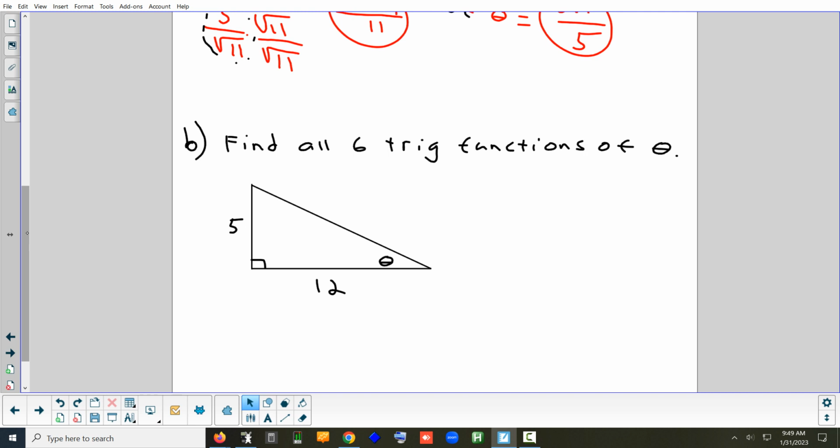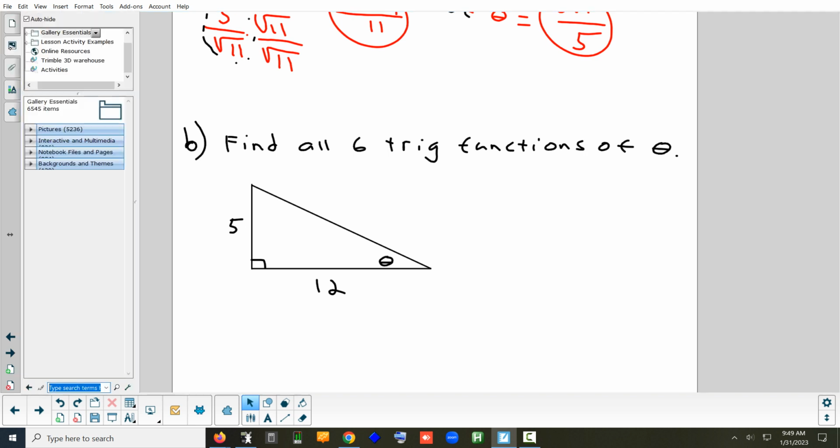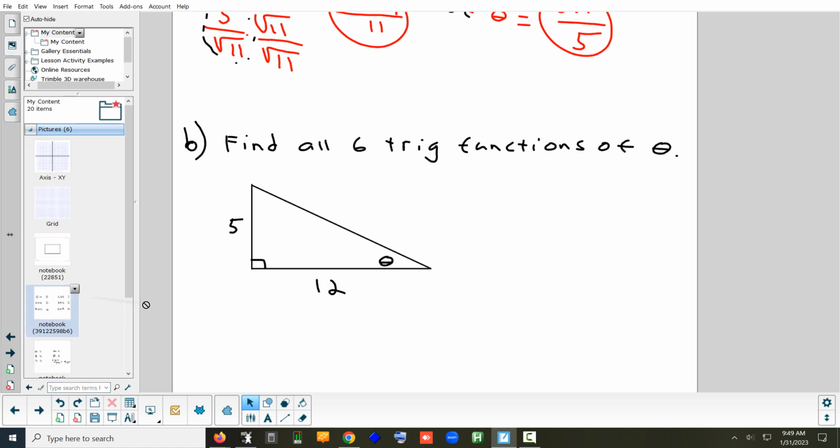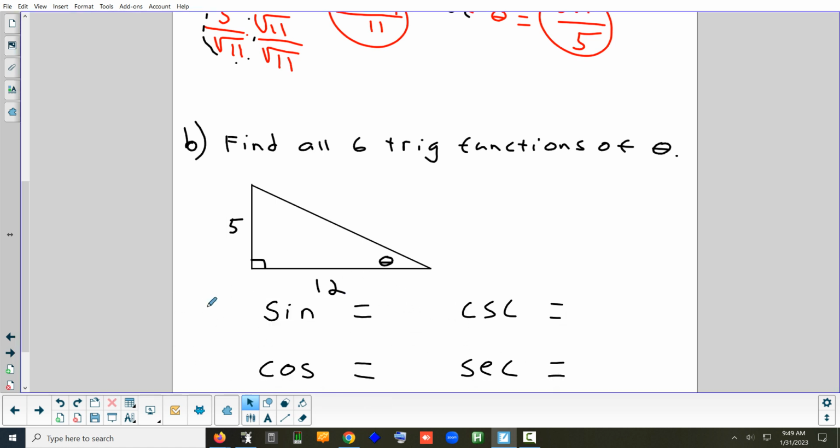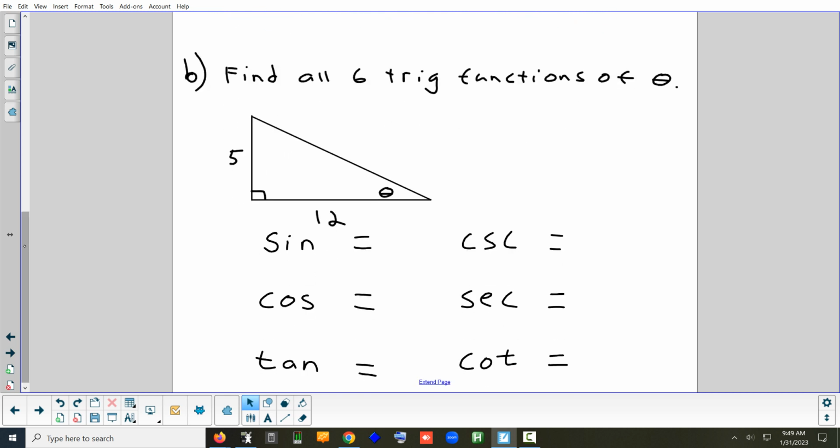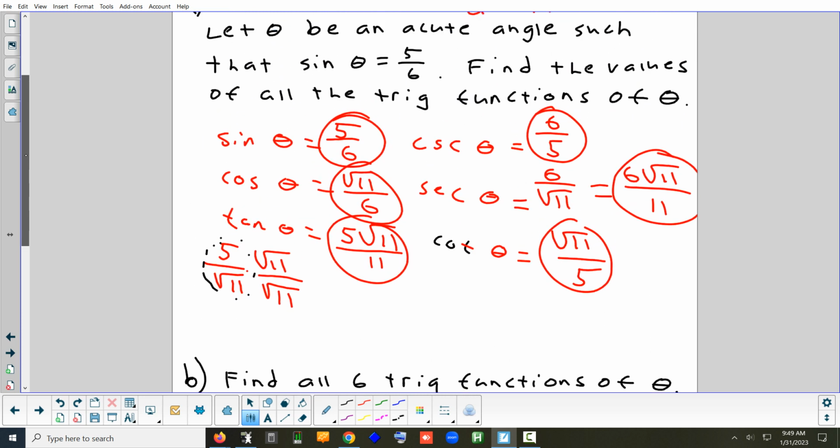Okay, so it says to find all 6 trig functions. And the angle we're doing is theta. Okay, and just to be clear about what we're finding here and what we found in the last problem, at no point in these problems did we ever find theta.